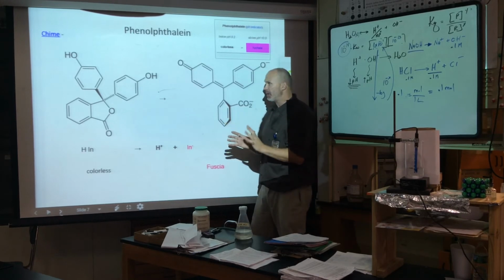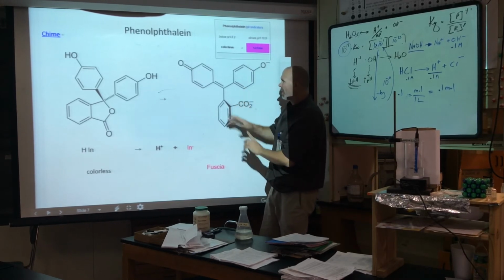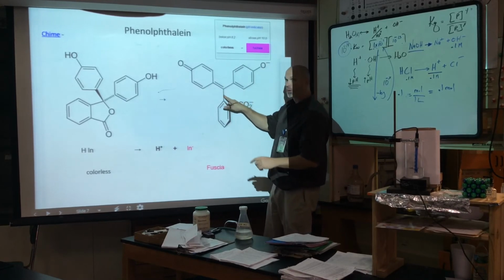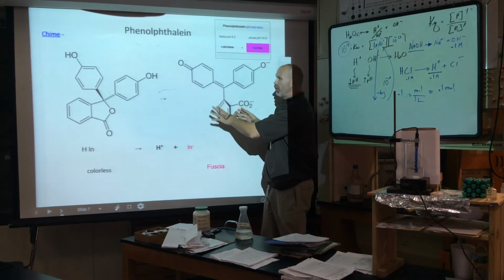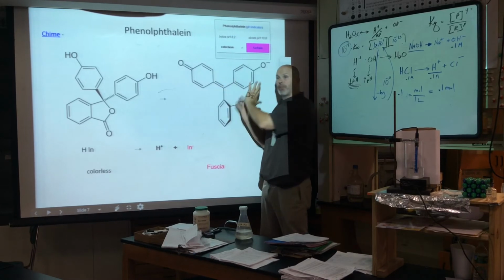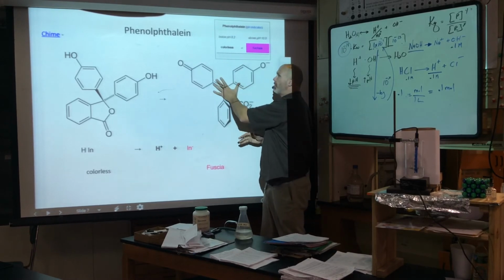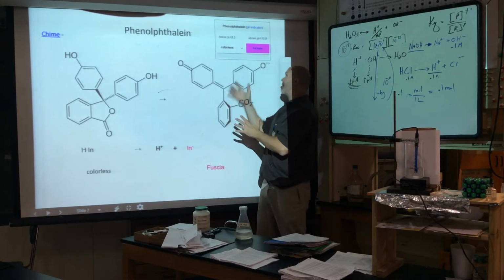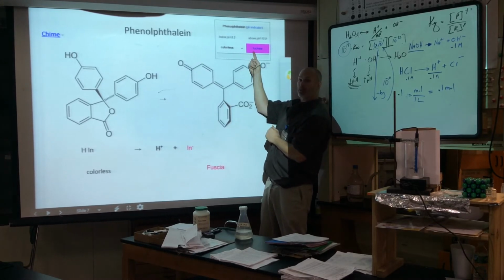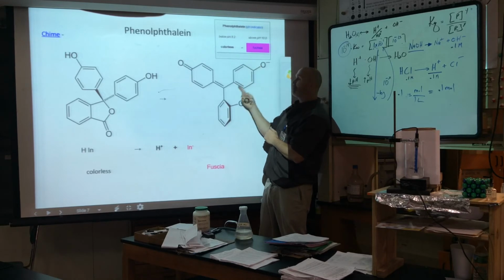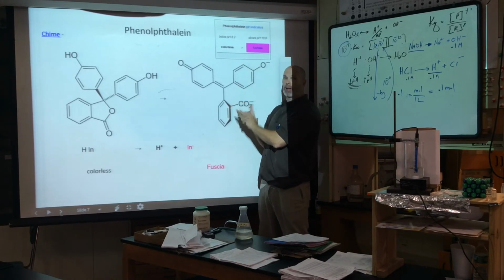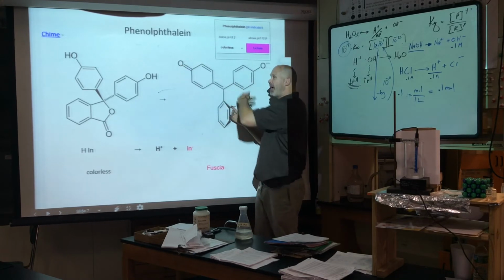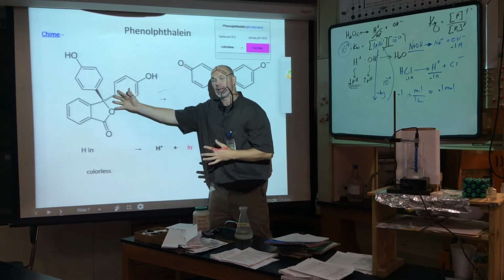We'll get to the specifics, but because of this change in connectivity, notice, double, single, we'll learn about this. Because of that change, electrons are more interconnected here. Bottom line is, this is the shape that can use all of its electrons to absorb part of the wavelengths of light, and it reflects back out what it's not using. This is now a shape that can absorb wavelengths of light. If you put it in an acidic condition, put the H's back on, it changes the shape so that it can't.